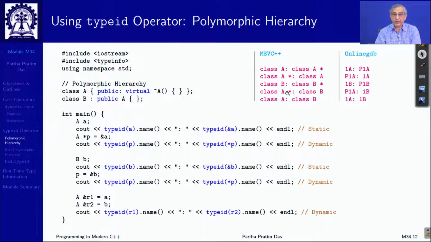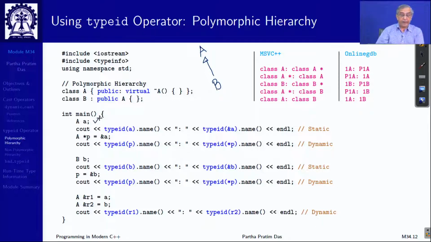First, let us look at how to use the typeid operator on a polymorphic hierarchy. Very simple: I have A and B specialized from that. A has a virtual destructor, so all objects of A and B are polymorphic.